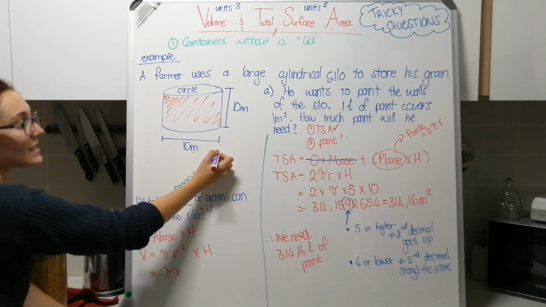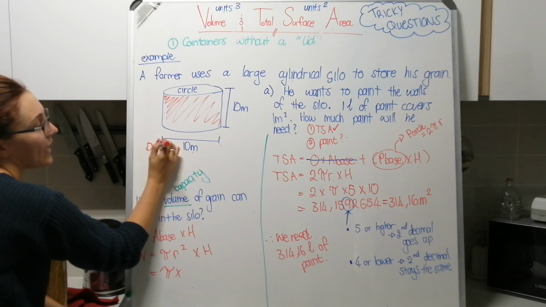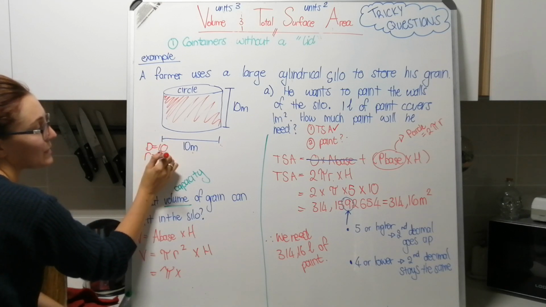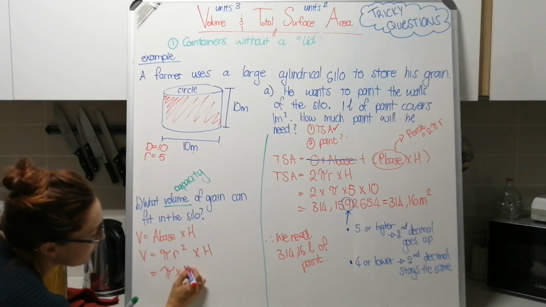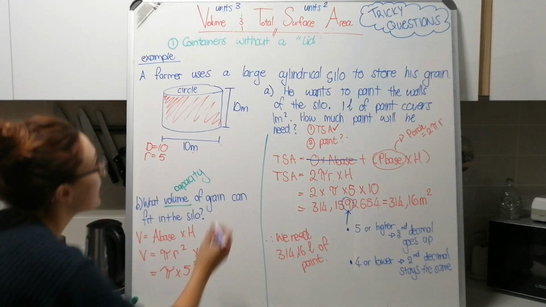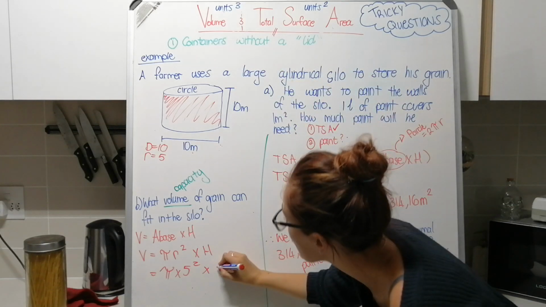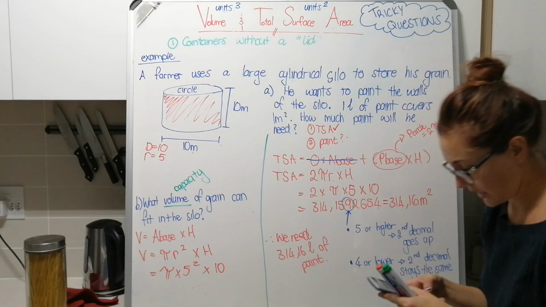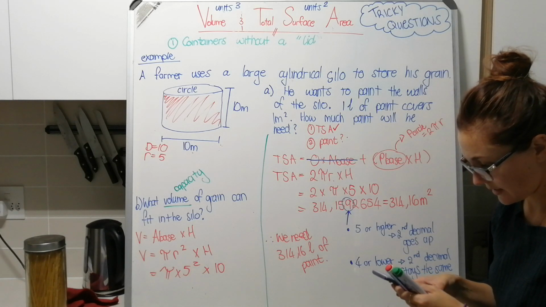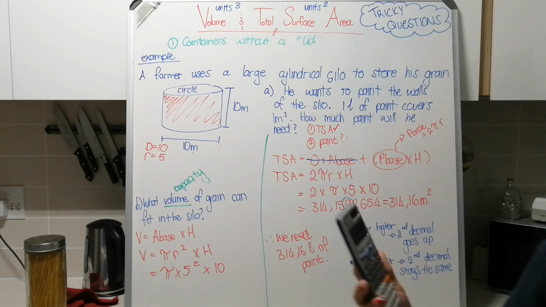We already spoke about this, must be 5, right? If the diameter is 10, the radius must be 5, half of the diameter. So it's pi times 5 squared times the height of our prism, which is 10. And we go and put that in our calculator, and we get pi times 5 squared times 10. Just quickly note how I've typed it in.